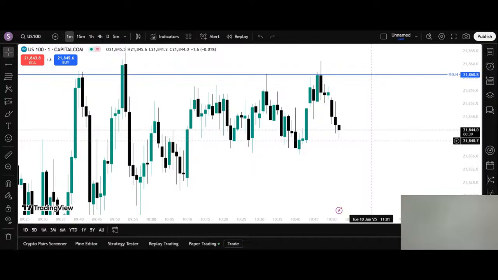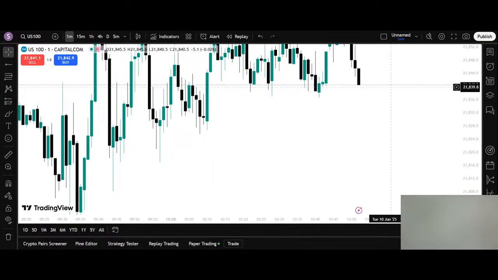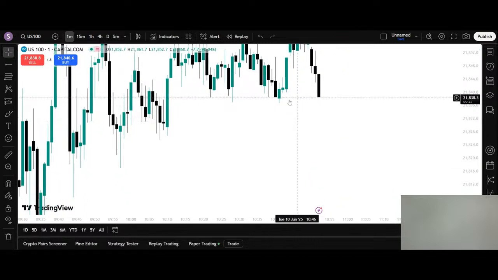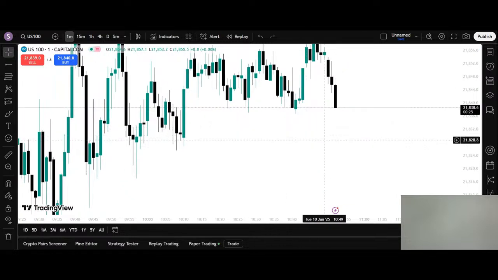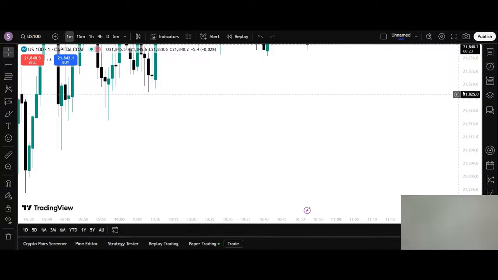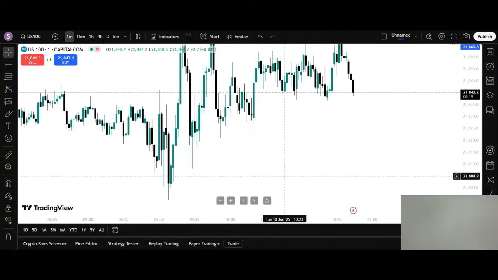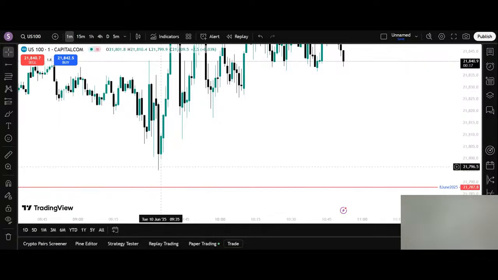Seems to be going down, but let's see. I want it to break down below here with momentum, and then I will be taking a sell and riding it till here.